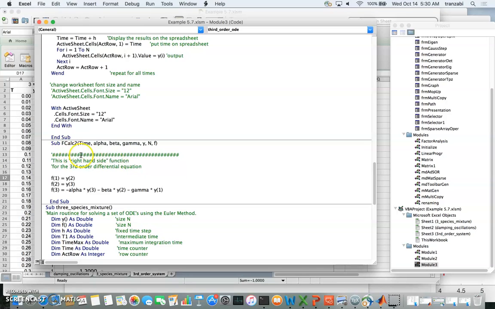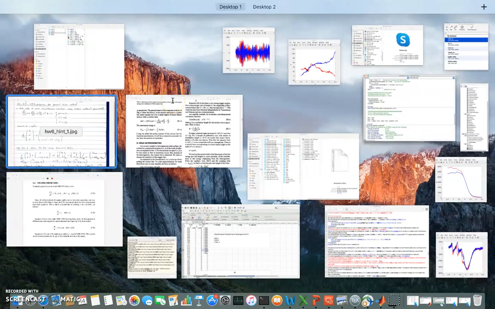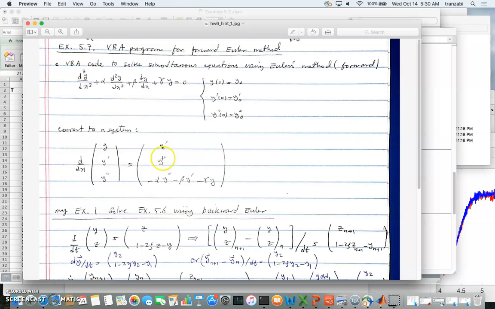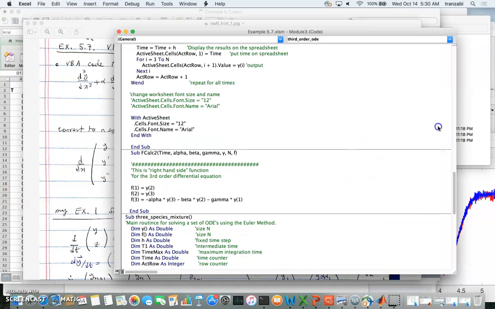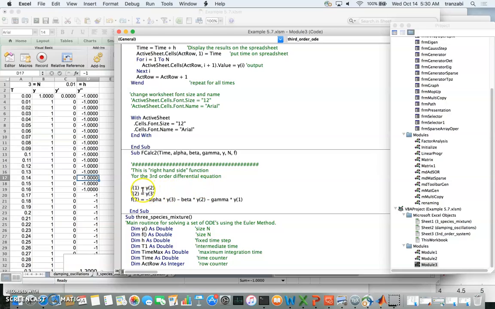So instead of calling the function that calculates the right-hand side of the three species problem, this time we're going to call another function, and we calculate the right-hand side of our equations. The right-hand side would be y prime, y double prime, and this minus alpha times the rest of it. So that's what I have here.